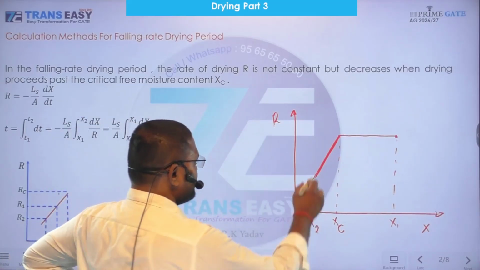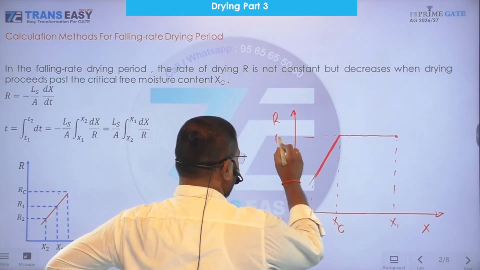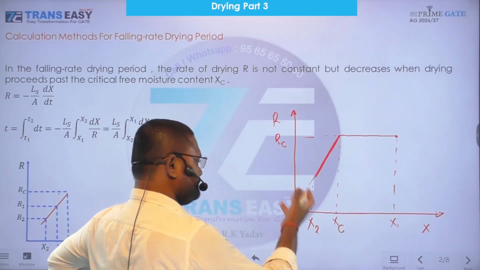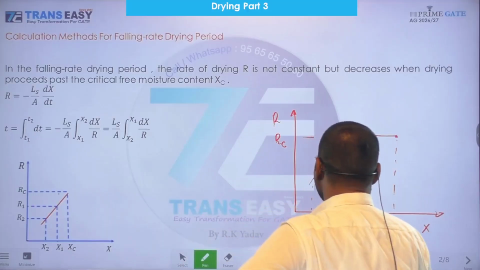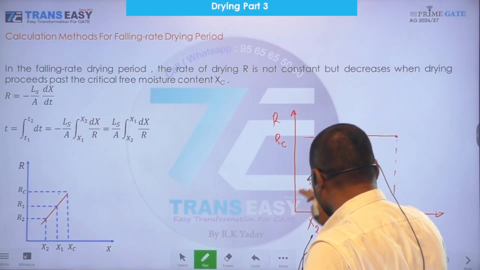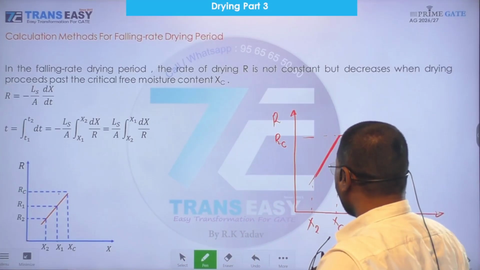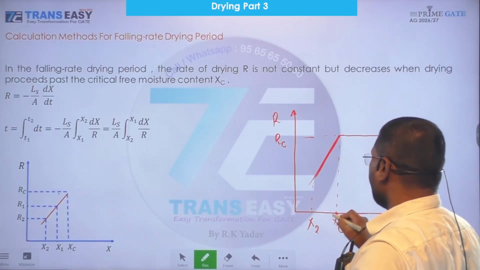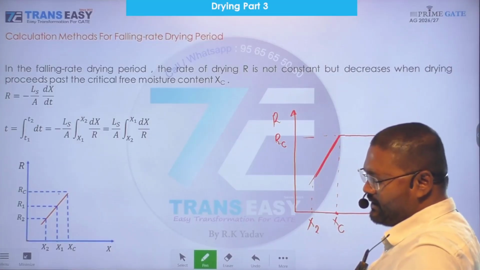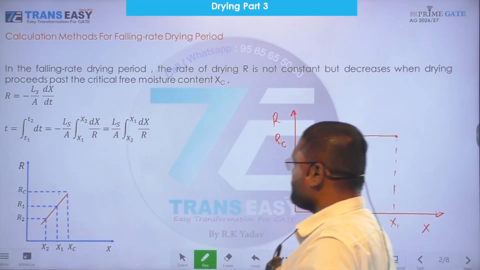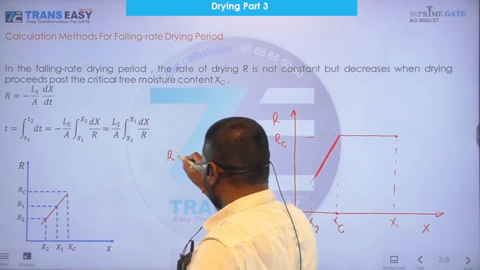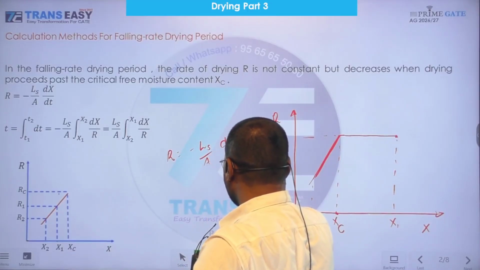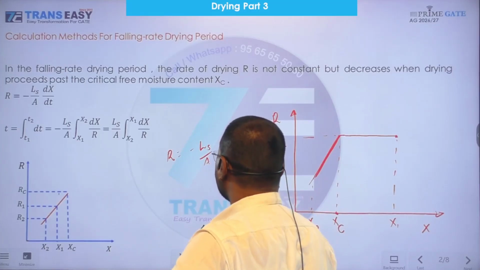Rate of drying is decreasing from a maximum or constant rate of drying Rc to 0. Rate of drying, the value of R is decreasing. When drying proceeds past the critical free moisture content Xc, rate of drying is Ls upon A dx upon dt.